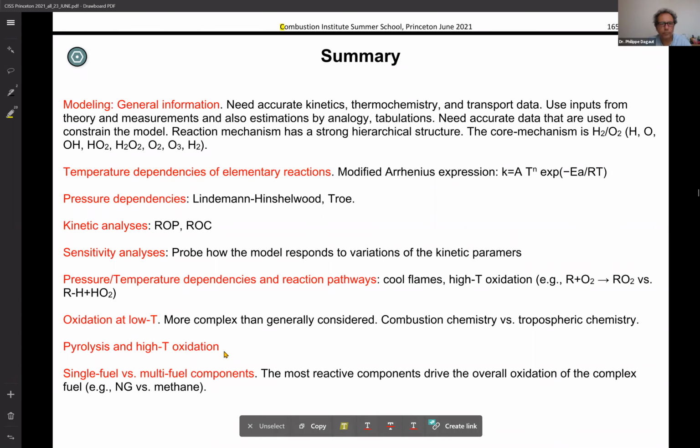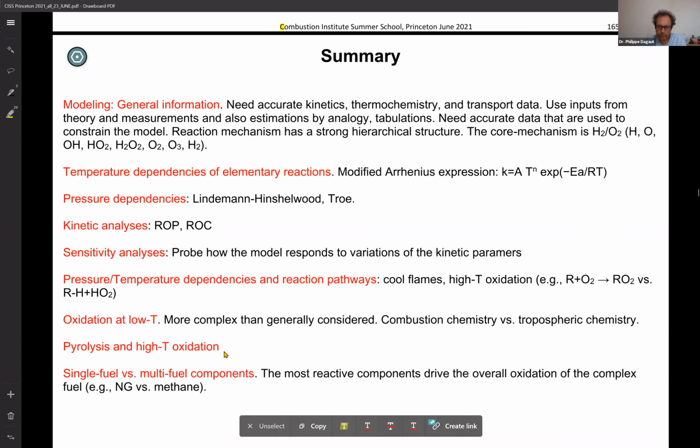This is true for natural gas, but also for other systems where you have a main fuel which is relatively unreactive, and you add some other fuel, even in small quantities, which is more reactive, then you will get the overall fuel reactive.